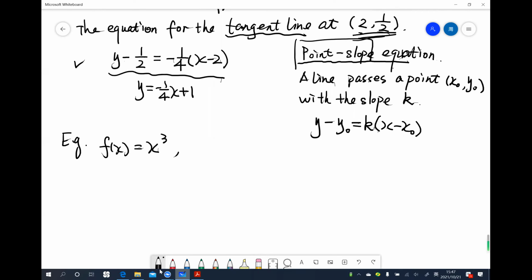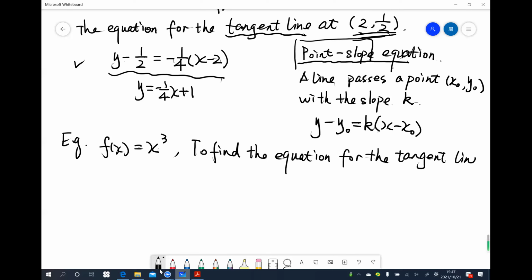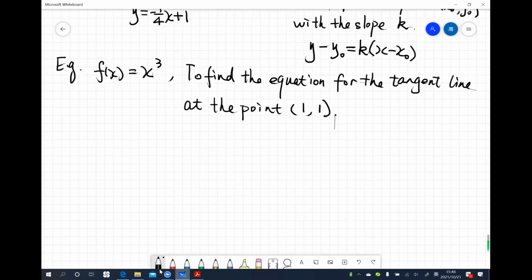So please find the equation for the tangent line at the point 1, 1. Okay, this is the exercise here.